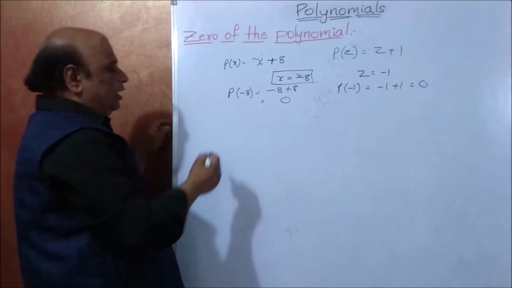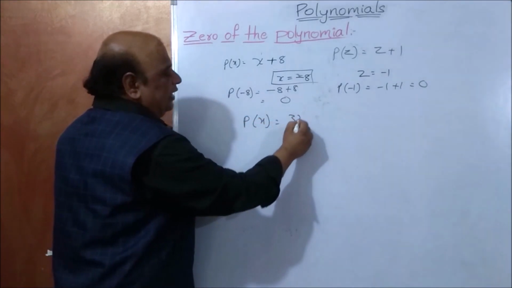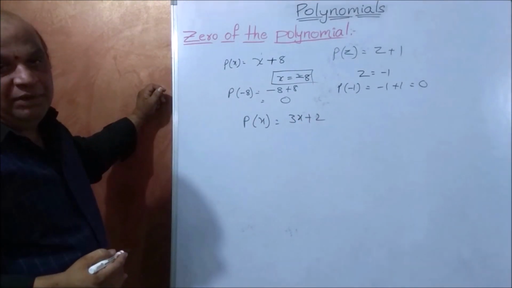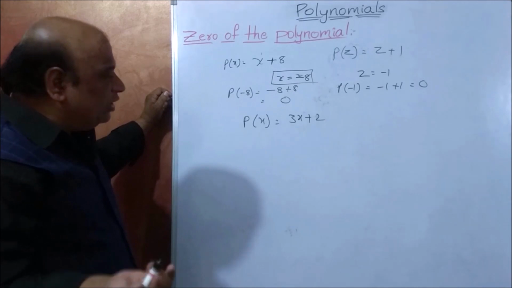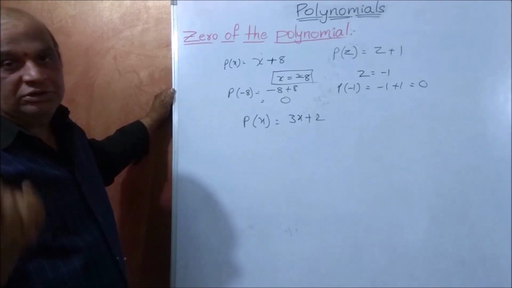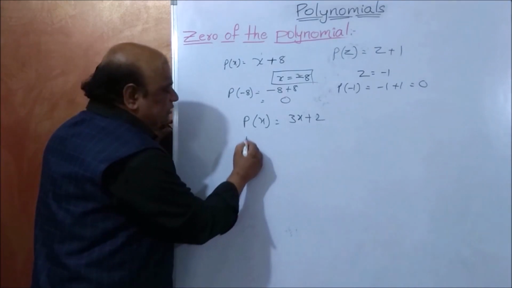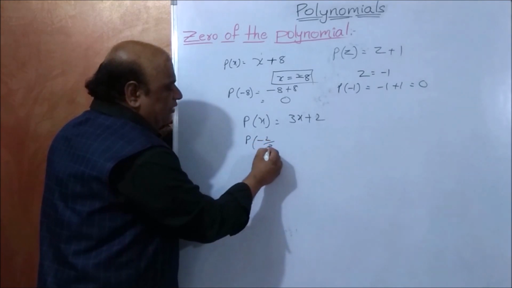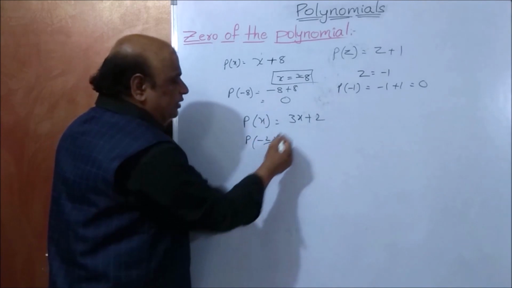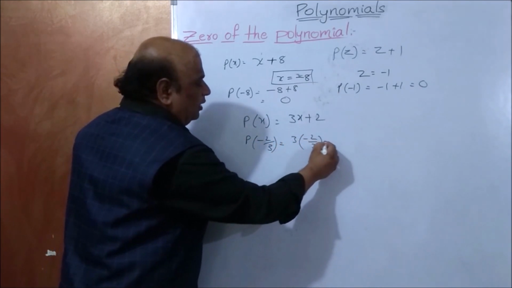One more example we can observe: p of x is equal to 3x plus 2. At what value can we get 0? Which value do we have to substitute? Here that is minus 2 by 3. 3 into minus 2 by 3 plus 2.